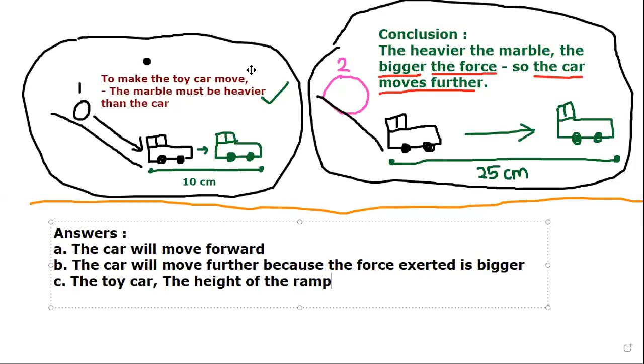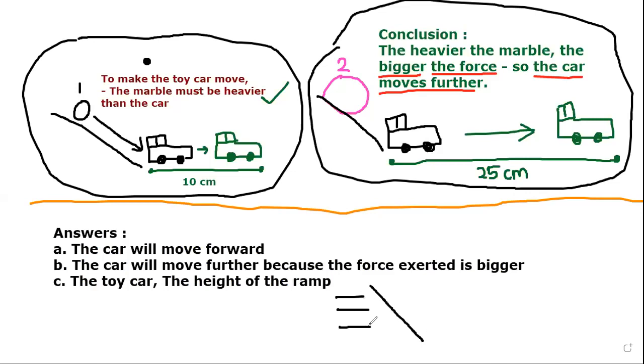Yeah, the marble is heavier, but look, the ramp can be like this, so more books, 1, 2, 3, 4, 5, 6 maybe. If I take out one more book, it's going to be more like this, right?